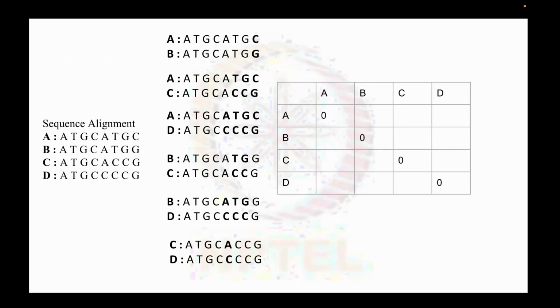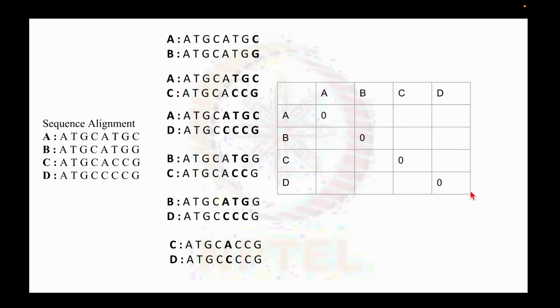So now I wanted to calculate a distance matrix. First I initiate the distance matrix with the diagonal elements being zeros, because the number of mismatches between A and itself is 0 and B and itself is 0.